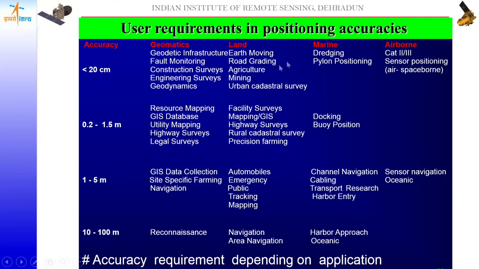But this is the costliest affair, and these days many ventures and companies are there, like Trimble, Leica, then Indian companies, and European agencies are also manufacturing very precise receivers and antennas.